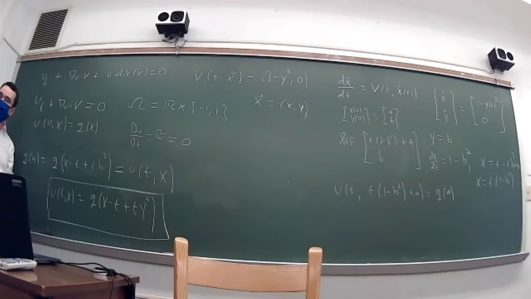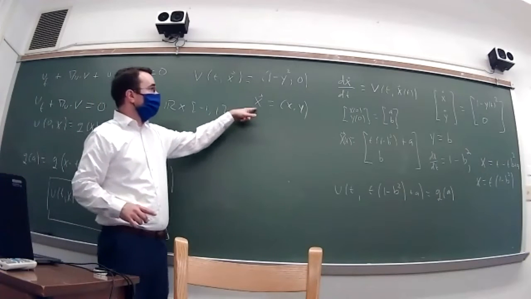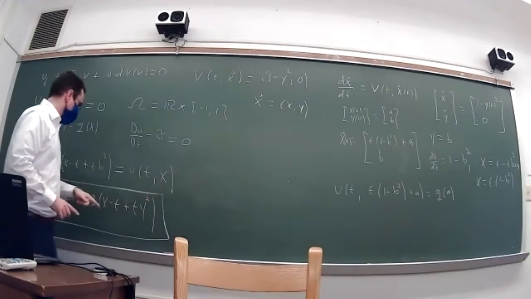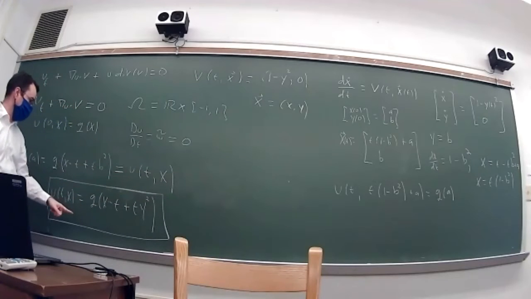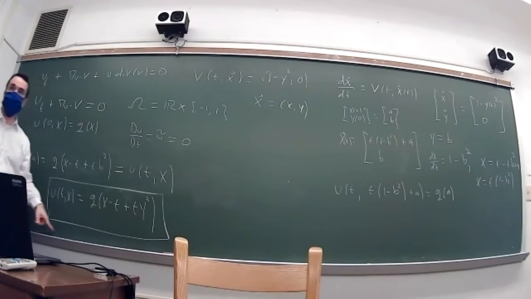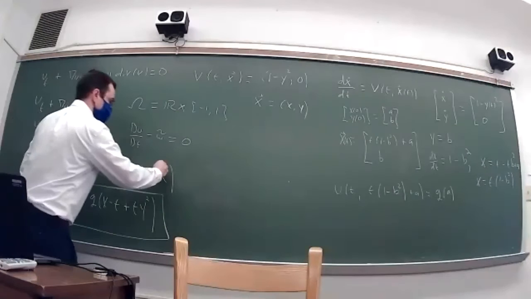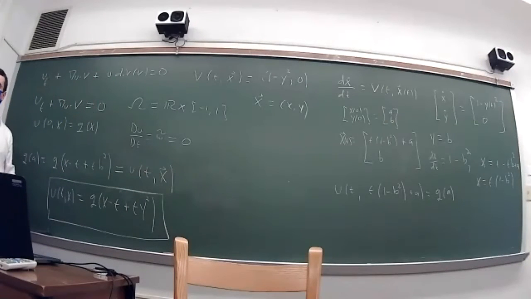Question? So now x is a vector. So my x hat is coordinates x, y, and this x and this y are coordinates, and this x is a vector because it takes two components.